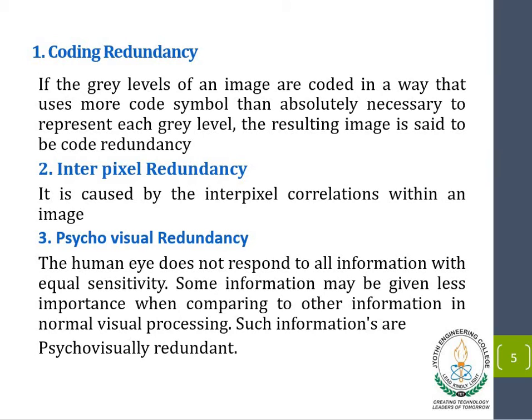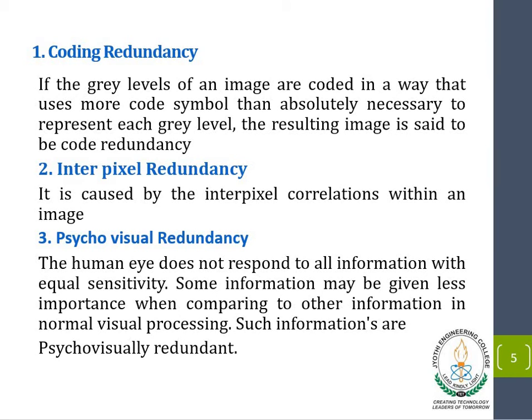The third one is psychovisual redundancy. The human eye does not respond to all information with equal sensitivity, because some of the information may be given less importance when compared to other information. In normal visual processing, such information is said to be psychovisually redundant.